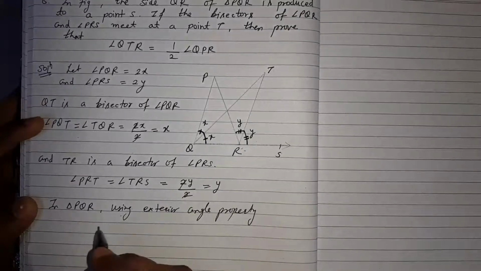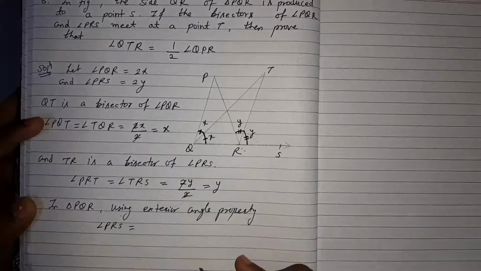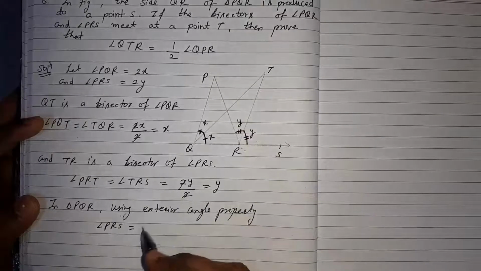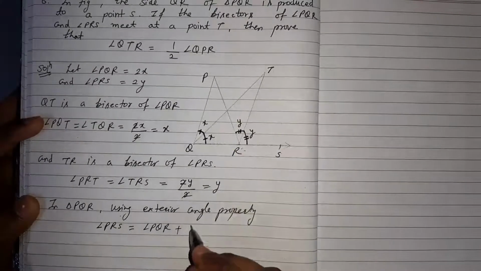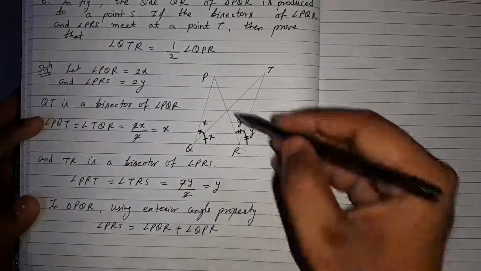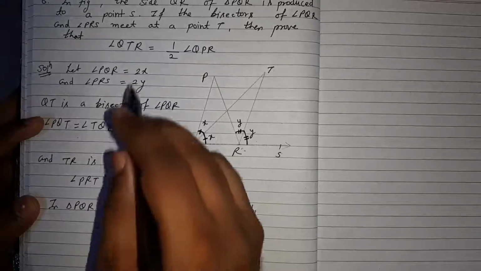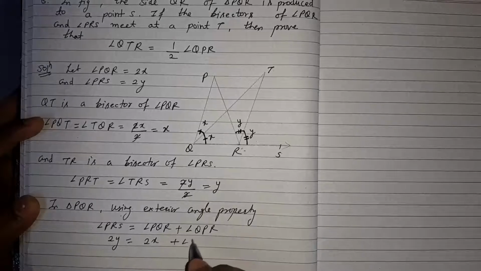So angle PRS is equal to the sum of the two opposite interior angles, so it will be equal to angle PQR plus angle QPR. Now angle PRS is equal to 2y, PQR is equal to 2x, so put these values here: 2y is equal to 2x plus angle QPR.